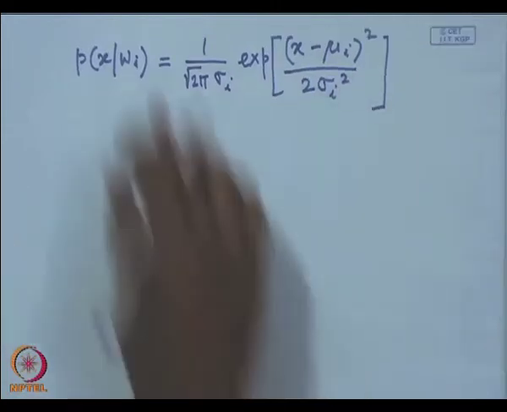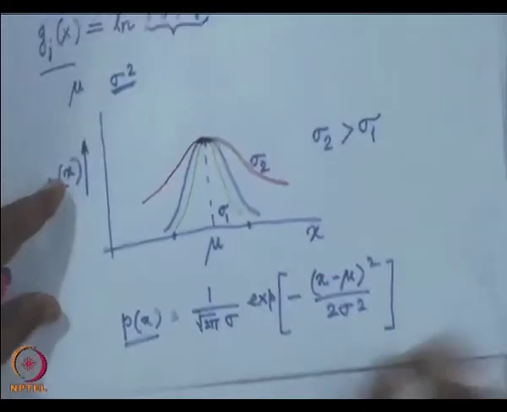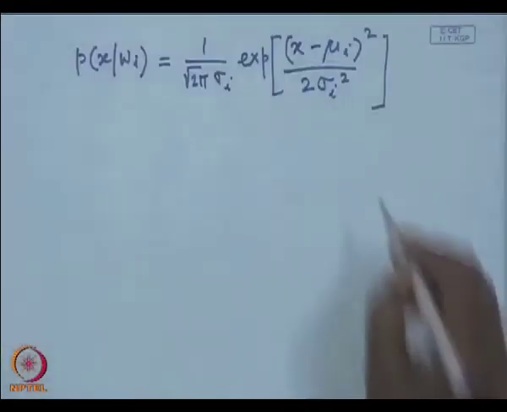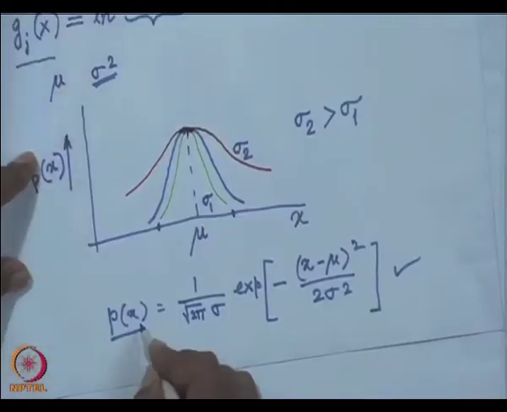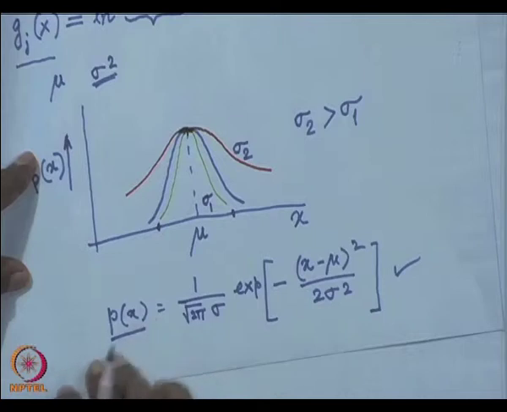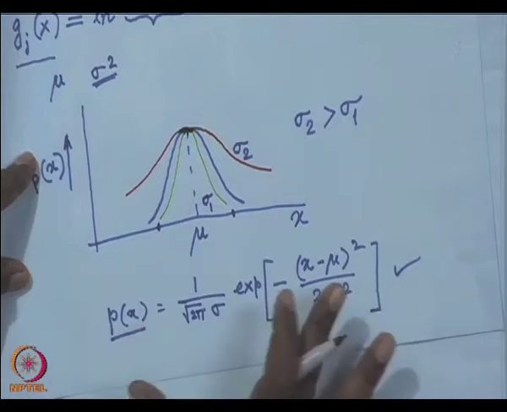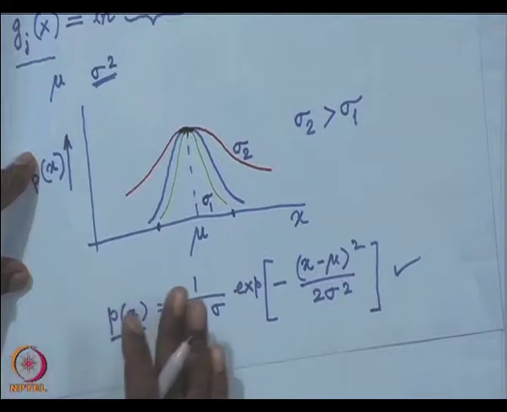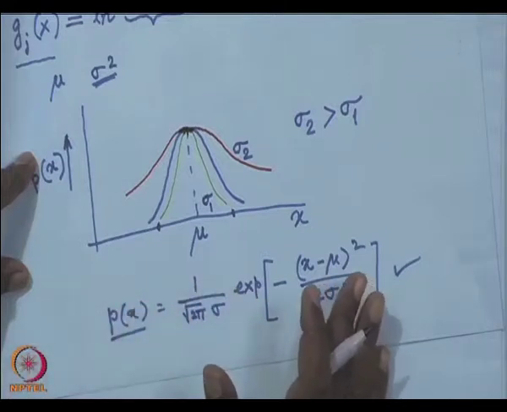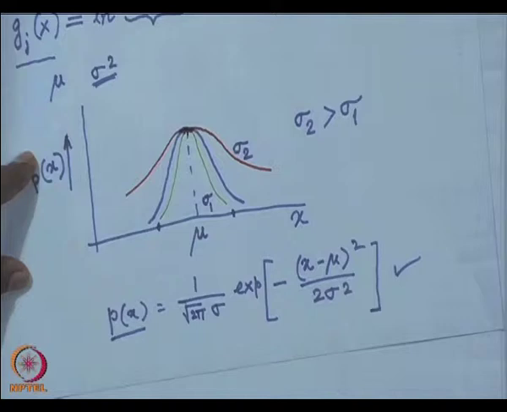So, the only difference between this expression and this expression is that here, when we have taken the different sample values of x, we have not considered whether these samples are taken from class omega 1 or class omega 2 or class omega 3 and so on.